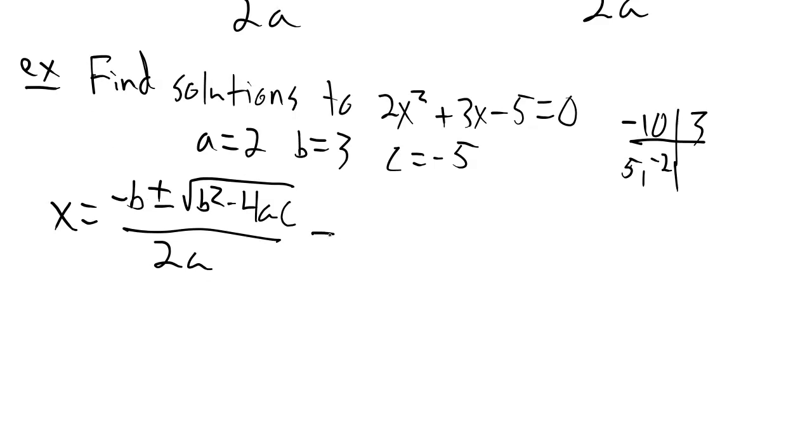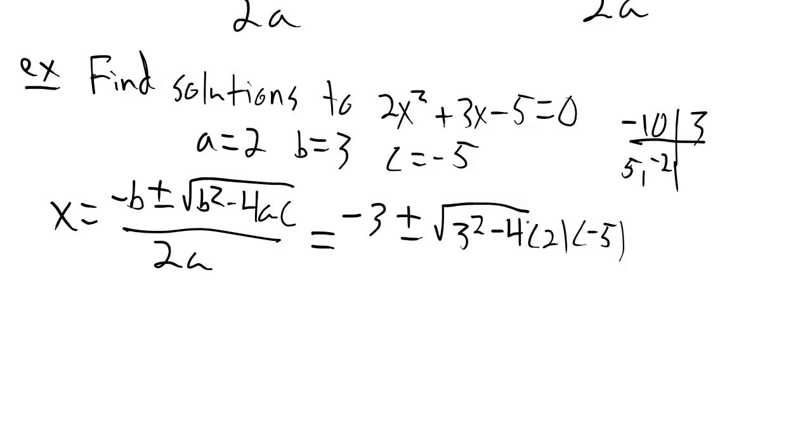We have this, and now we can just substitute in the values. So we have negative b is negative 3 plus or minus the square root. B is 3, so it's 3 squared minus 4 times 2 times negative 5, all over 2 times 2.